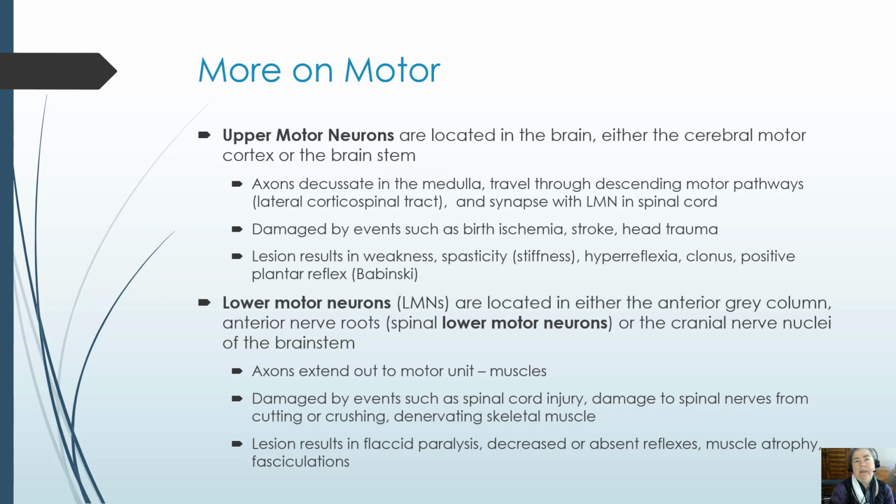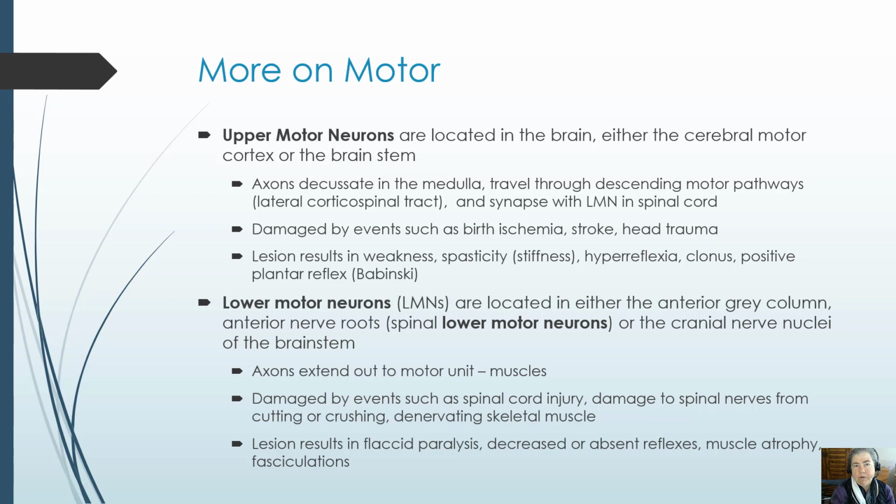Before we move on to vision and the special senses, I want to refine something that I briefly mentioned in the previous lecture, because this is an important clinical concept to help you understand injury and damage in the central and peripheral nervous system. There is a division between types of motor neurons.